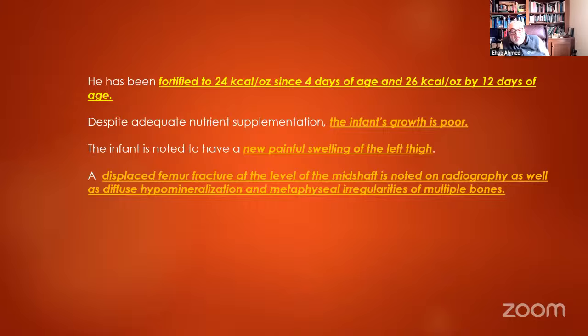The third step, is it acquired or congenital? Acquired, like vitamin D deficiency in the baby or in the mother. Congenital, like osteogenesis imperfecta. And then at this point, you can start talking about hypophosphatasia.